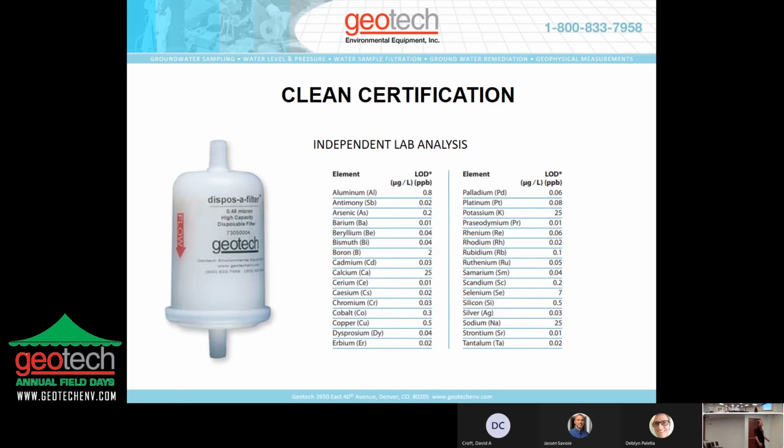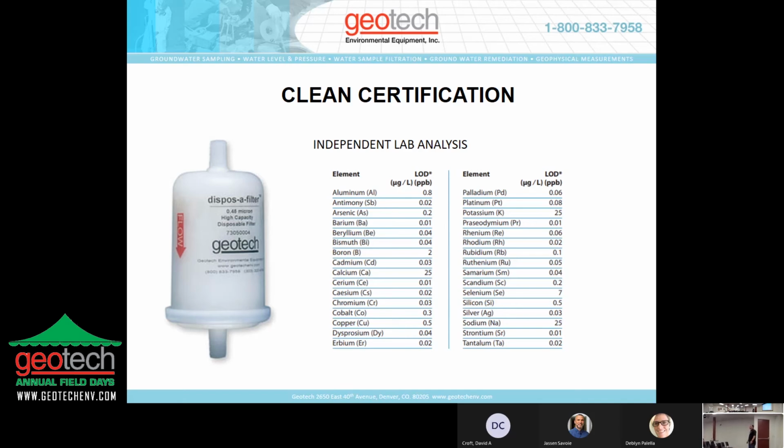I'm not going to name any names, but for some of our competitors, their low limit or detection limit is 10 on aluminum, which is high. In some parts of the country, if you hit 10, you're going into remedial action, right?